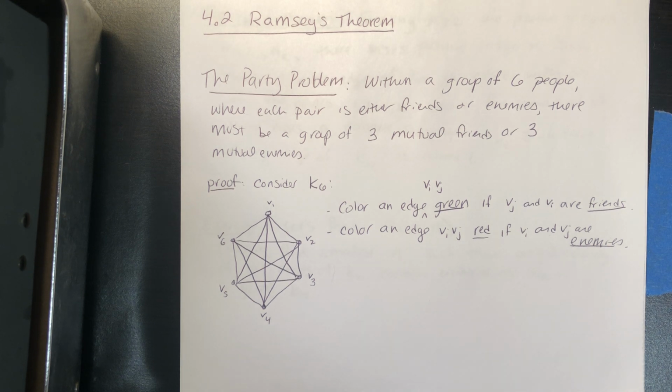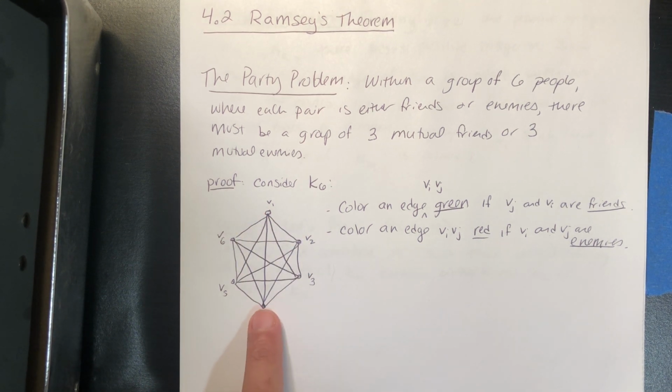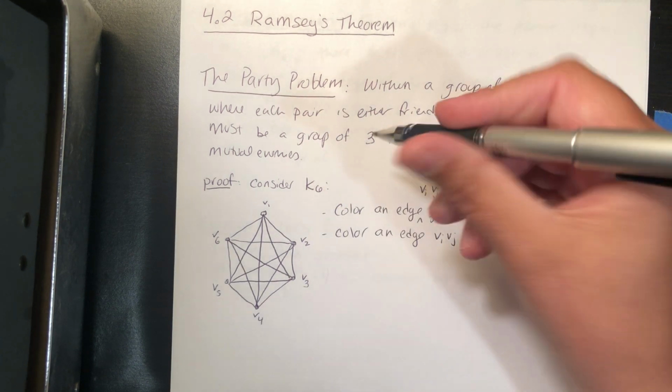So essentially what we're going to prove is that for any coloring of the edges of this graph with either red or green, some combination of red and green edges, we're guaranteed to have a complete subgraph that's either all red on 3 vertices or all green. In other words, we can find a red triangle or a green triangle. Right, so just as a note, this is what we're showing.